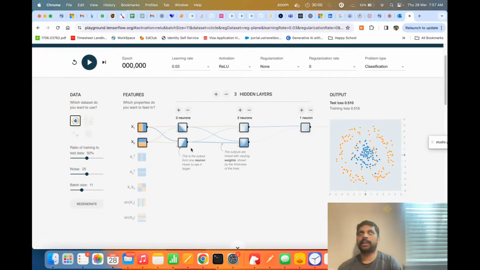We are keeping it like 1 by 1 plus e power, and then again w into 1 by 1 plus e power. So I'll put it here.